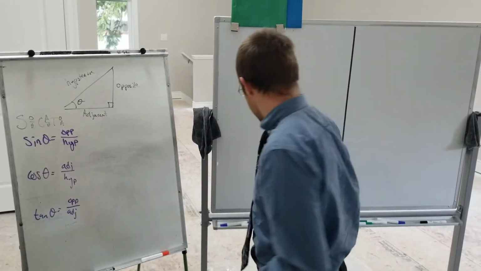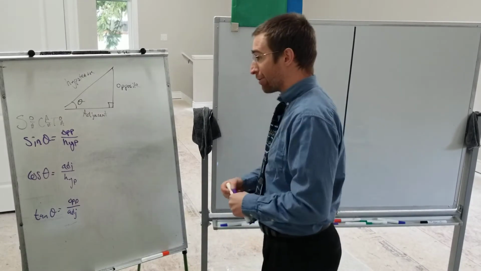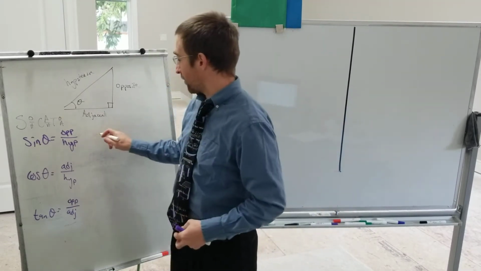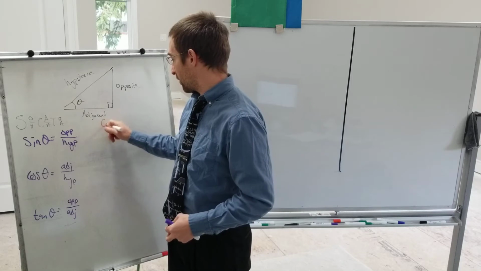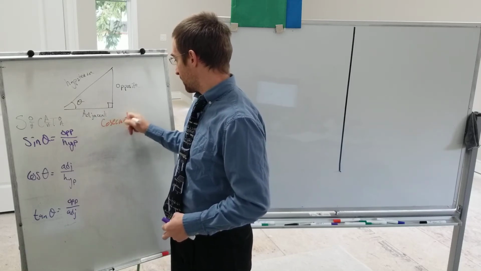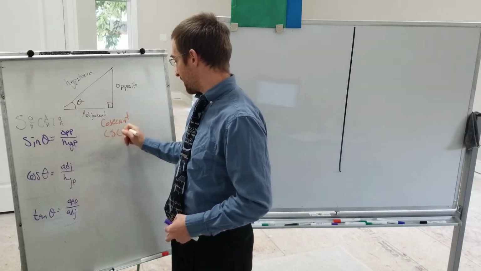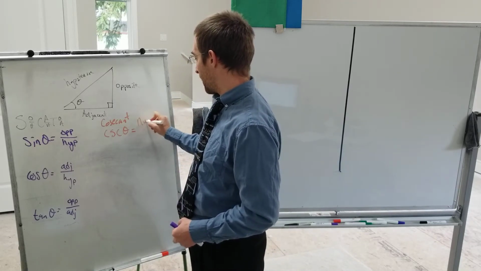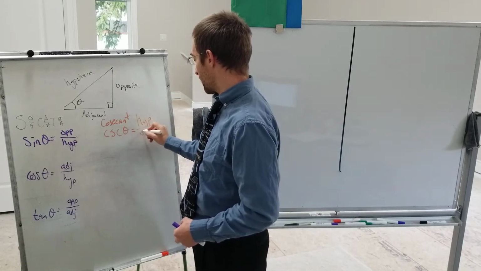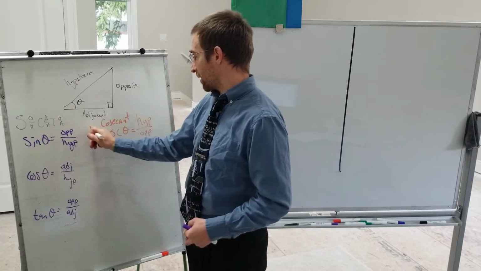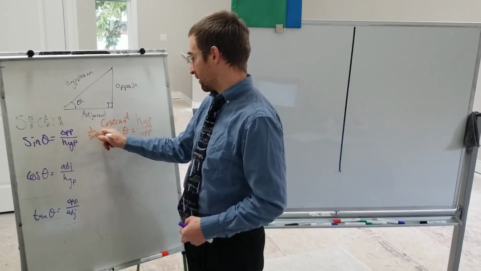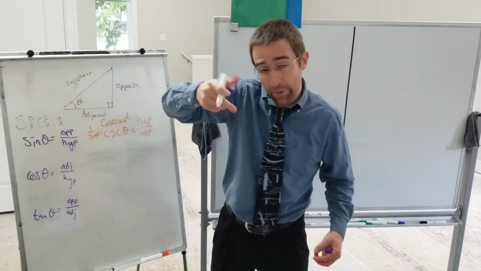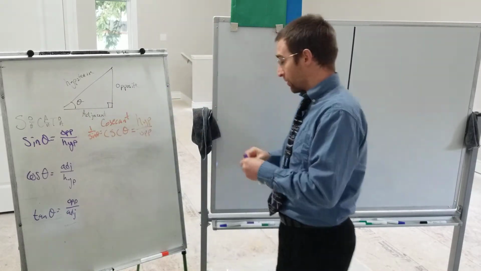So the reciprocal trig functions are, well, the reciprocals. So here, if I have cosecant, we write that as CSC of the angle. This is the hypotenuse over the opposite, and it's 1 over sine. 1 over sine, or the reciprocal, the flip of the sine, is the cosecant.